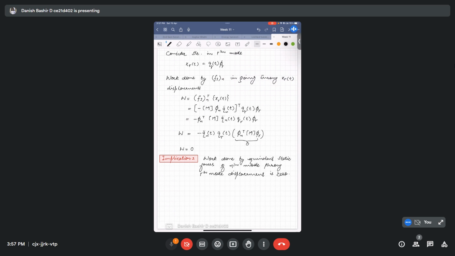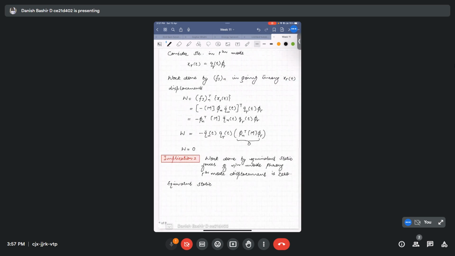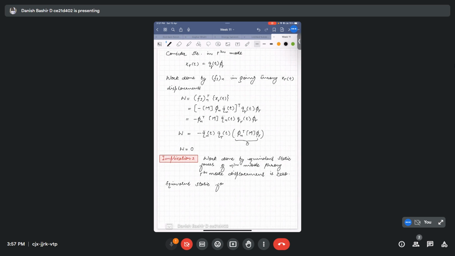So we can prove it quickly as we already wrote it. Equivalent static forces, F_S in the nth mode.